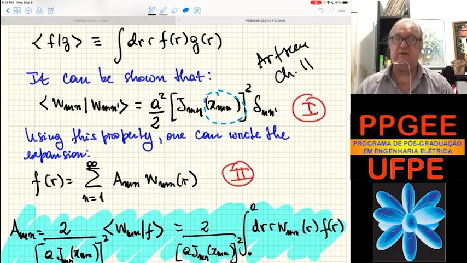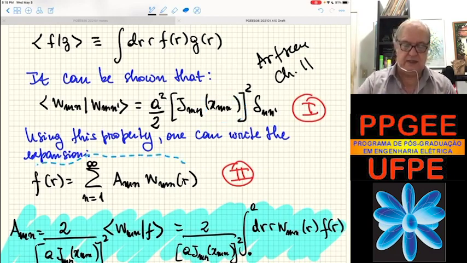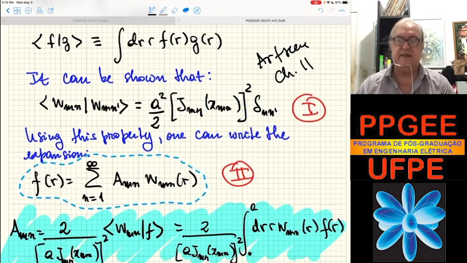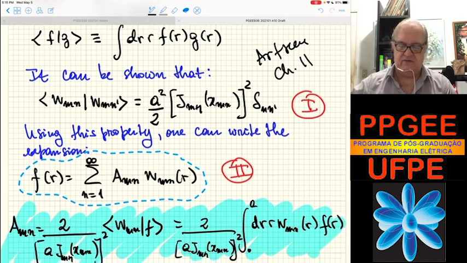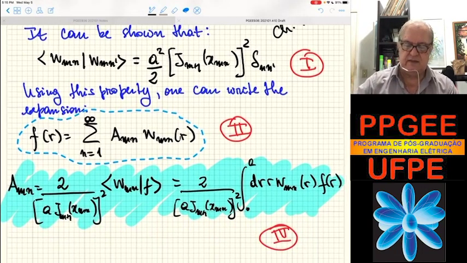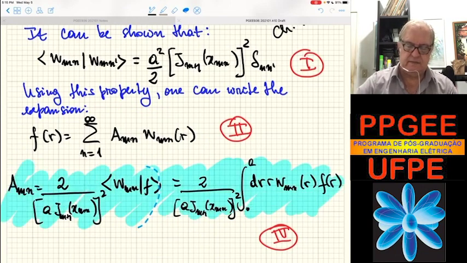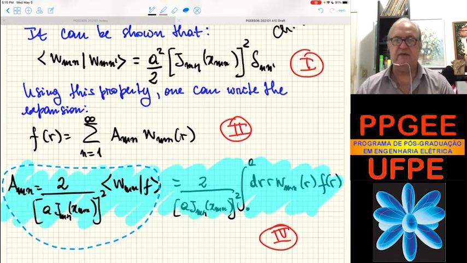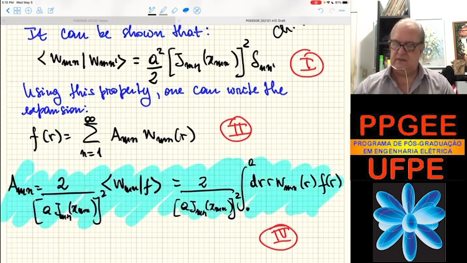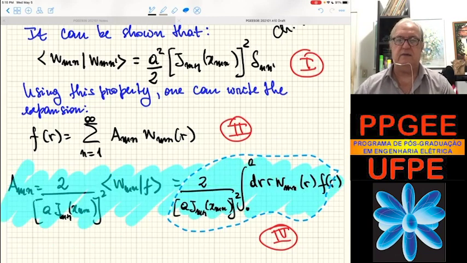So if we collect all the functions together, we can express a function as a linear combination like this, and the coefficient can be determined by doing the scalar product in function space. It's going to give you this one, which is explicitly calculated using this formula here.